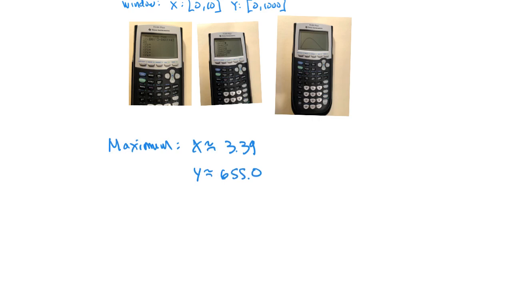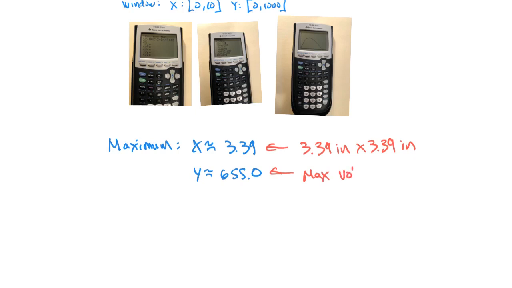So using algebra to answer the question, how large should the squares be to maximize the volume of the box? Just from looking at this, the squares should be roughly 3.39 inches by 3.39 inches. And if they ask what the maximum volume of the box is, this would be the maximum volume.